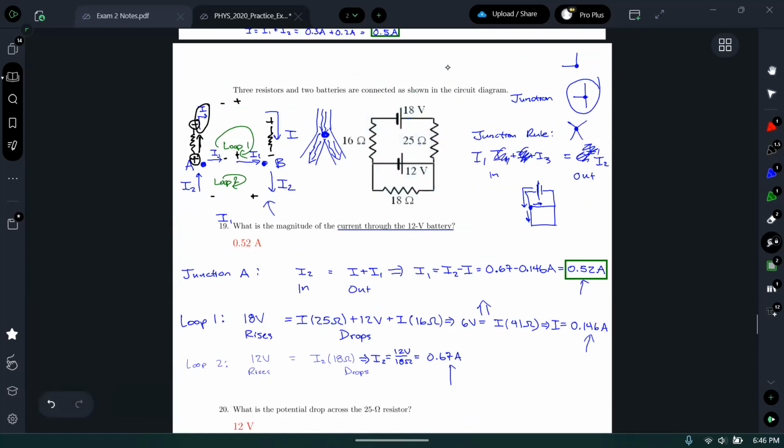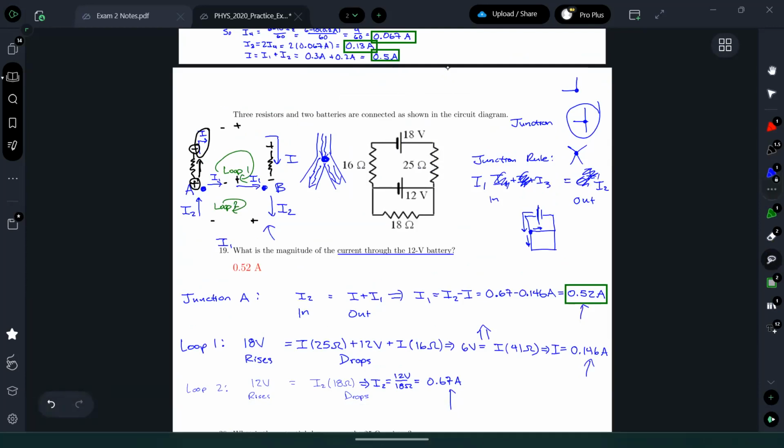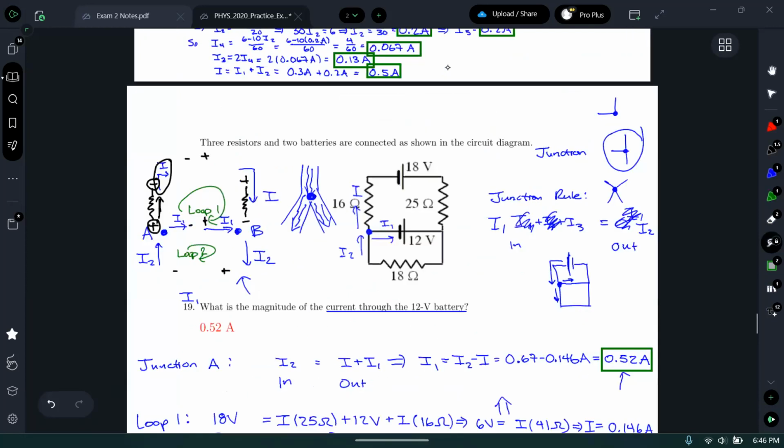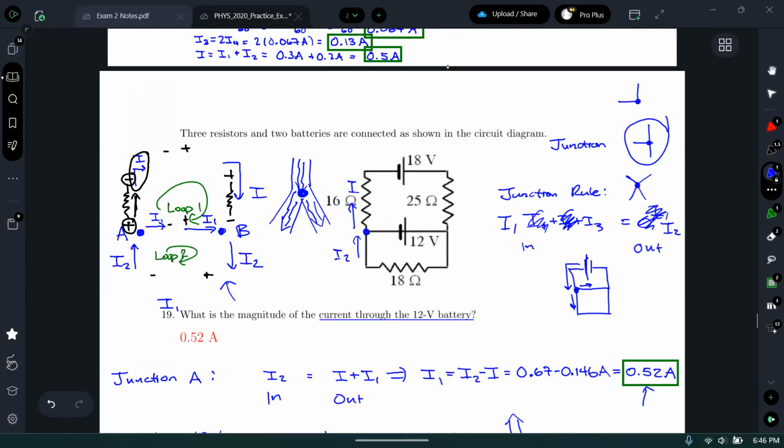My original solution had I going this way, I1 going this way, I2 going this way. So I2 goes into the junction, and I and I1 leave the junction. Say I had done that just barely different by saying that I1 went into the junction instead of out of it.